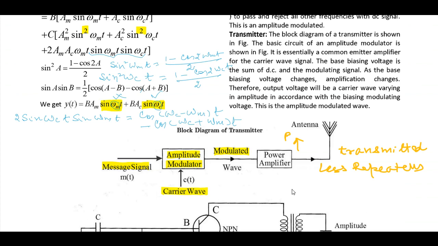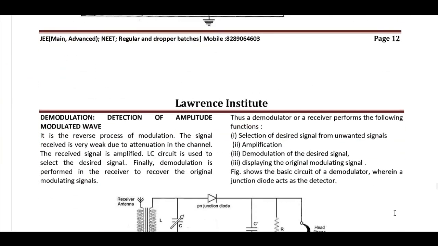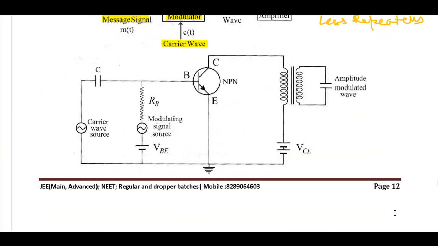This is the job of a repeater. We transmit waves with three frequencies, omega C, omega C minus omega m, and omega C plus omega m, by increasing their power so that we require fewer repeaters. With these words, I finish this lecture.